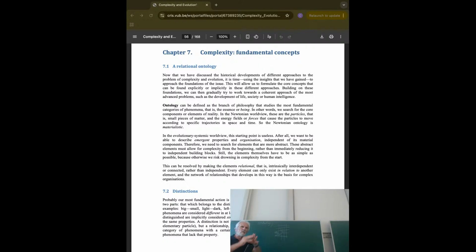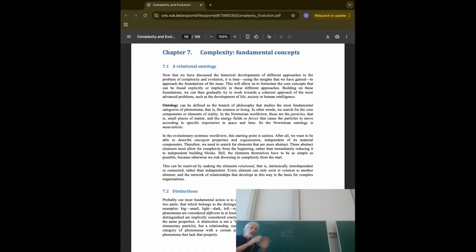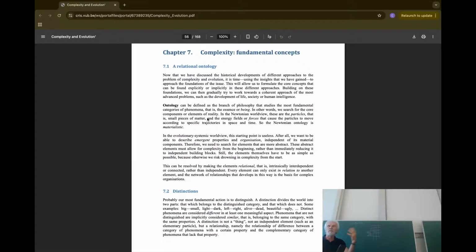It assumes that the world is constituted out of pieces of matter. Pieces of matter that move in space and time under the influence of forces. That's all you need. There's nothing more than matter and time. Now, it doesn't allow us to understand emergent properties.